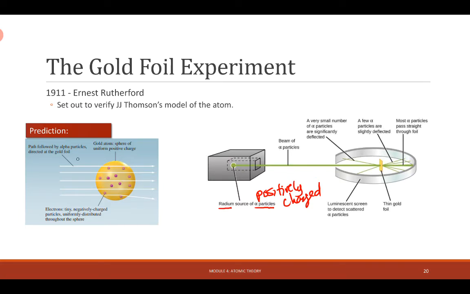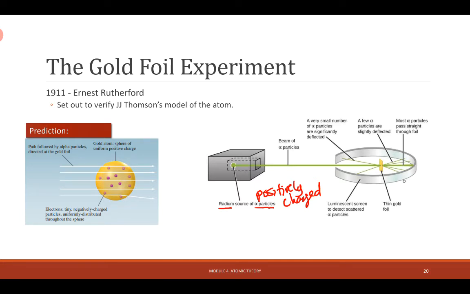And so, based on this plum pudding model of the atom, he expected this beam of positive charges that was going super fast to mostly just pass straight through because the atoms were overall neutral. Sorry, I misspoke earlier.